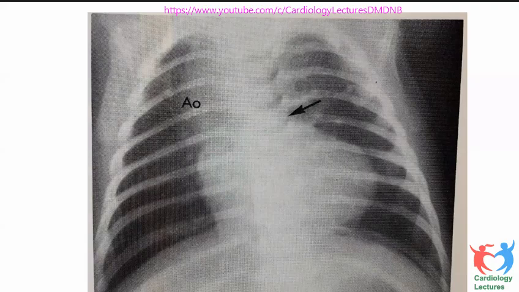Next week, a case discussion? Okay, we'll have another case discussion next week also. Then we'll decide. It's important for you to interpret X-rays also. We can have a session on X-ray, and another session on pressure tracings. You should know how to interpret pressure tracings.